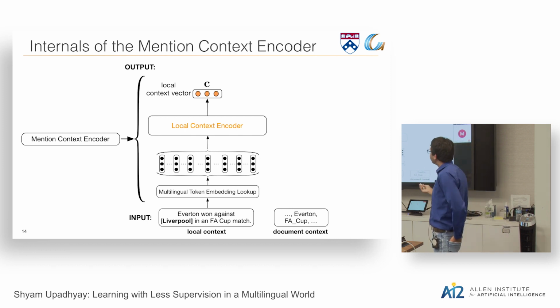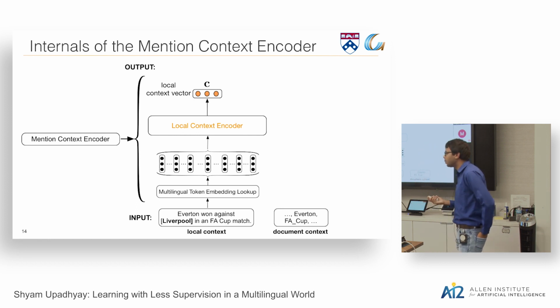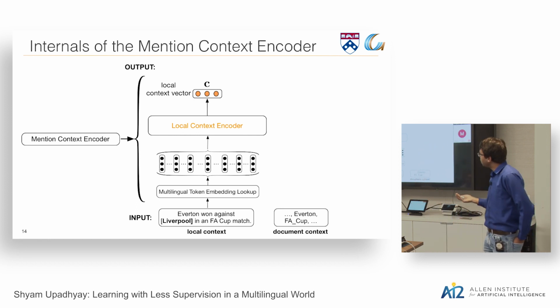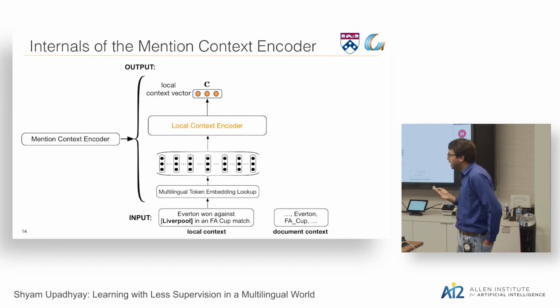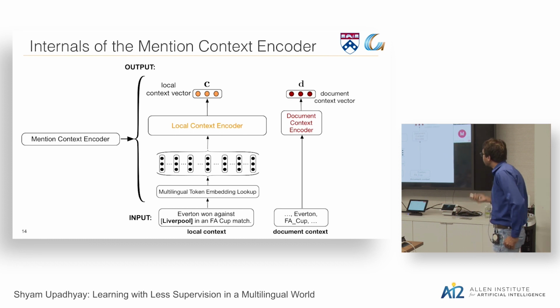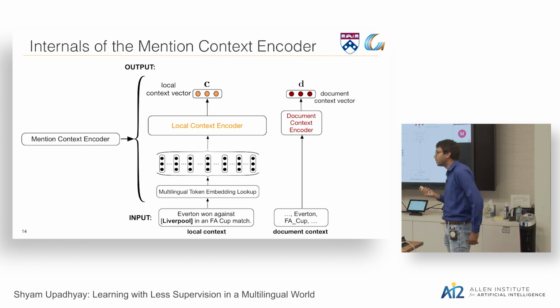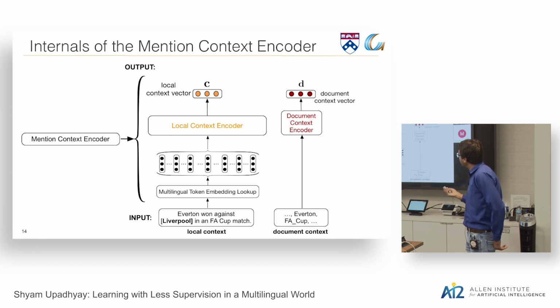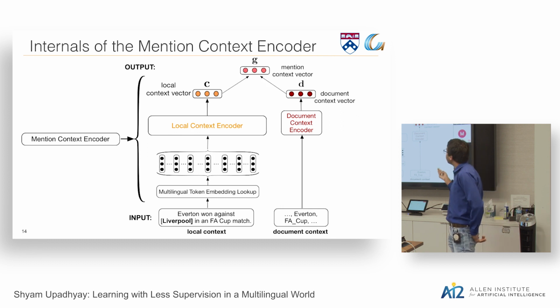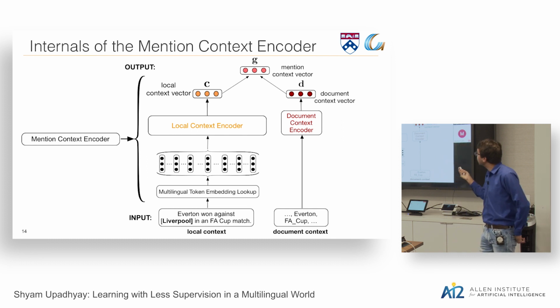And on top of this, we have a local context encoder, which is simply a convolution operation with some average pooling on top that generates a dense local context vector C. And similarly, the document context will get encoded into a dense document context vector D. And finally, both these 2 representations get combined to form a mention context vector G that's going to be used for disambiguation.